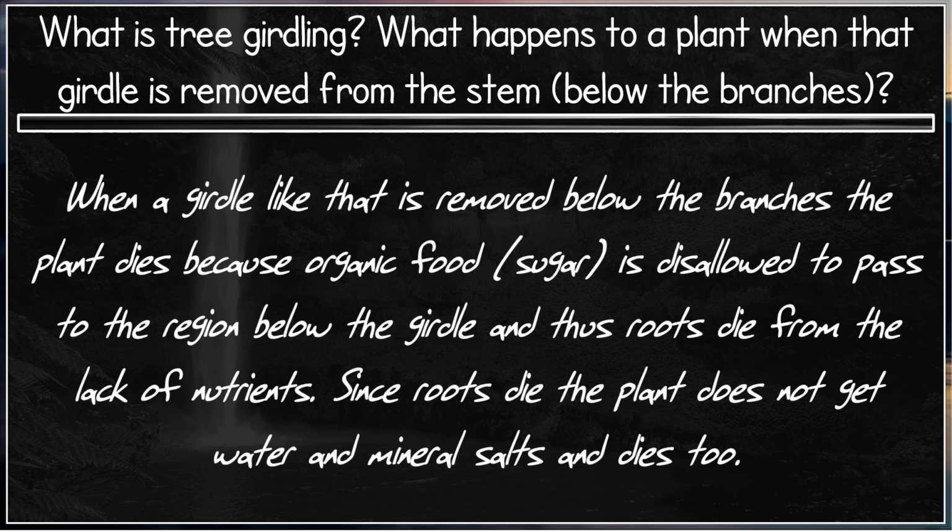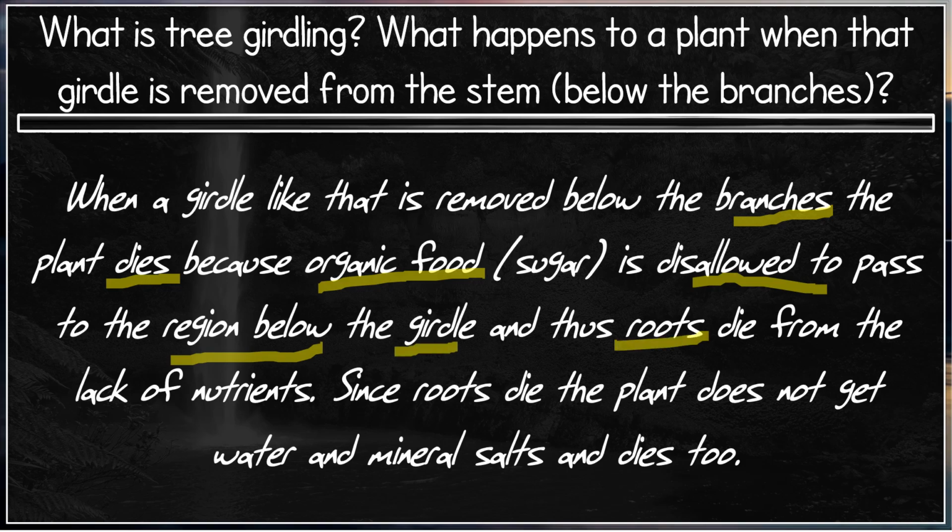When the girdle is removed below the branches of the plant, the plant dies because organic food, sugar, is not allowed to pass the region below the girdle. Thus the roots die from lack of nutrients. Since roots die, the plant does not get water and mineral salts and dies too.